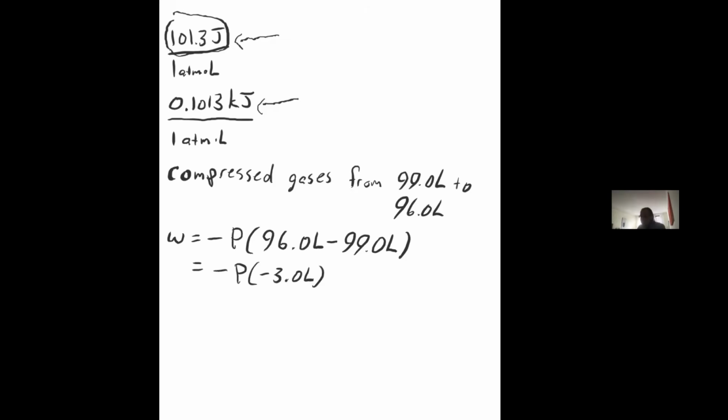You have the negative that's in the equation, but you can also get a negative for delta V. As long as the final volume is smaller than the initial volume, you're going to get a negative value there. That's perfectly fine, because a negative times a negative is a positive. So you just take the pressure, multiply it by that difference in volume, and the result will be positive.